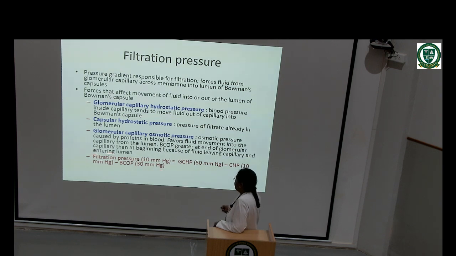So, filtration pressure is calculated by GCHP, that is glomerular capillary hydrostatic pressure, minus capsular hydrostatic pressure, minus glomerular capillary osmotic pressure. We get 10 mmHg of filtration pressure.